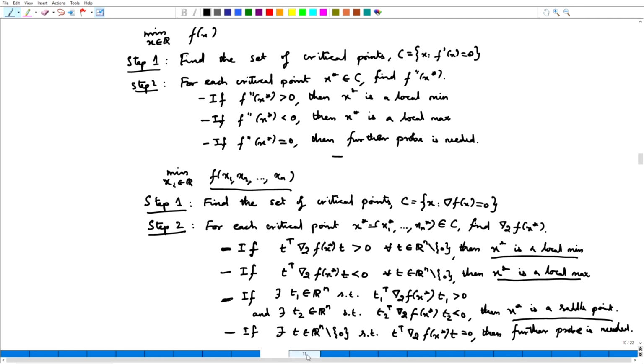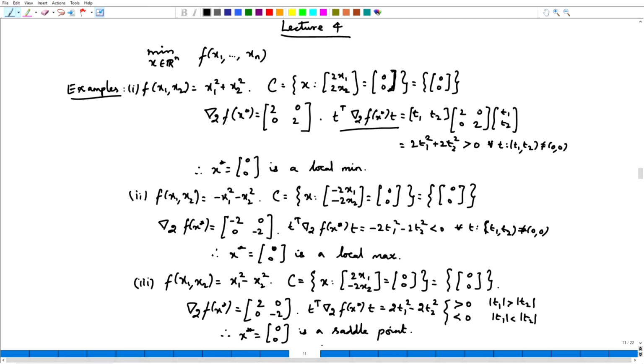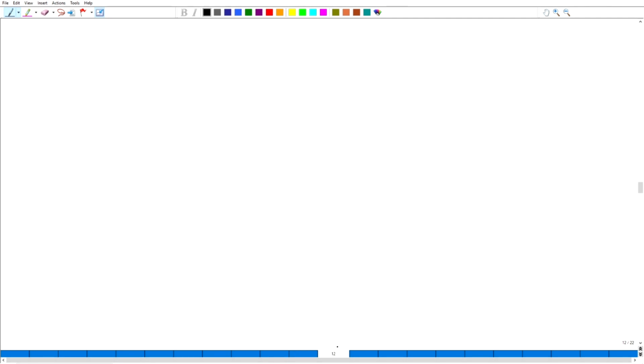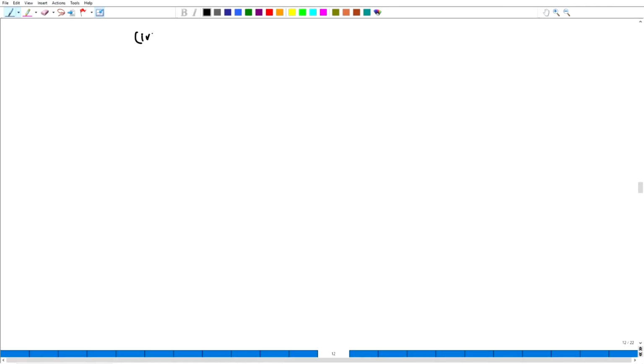So let us see a few examples where that happens. Let f of x equal x1 squared minus x2 to the power 4. Let us again find the set of critical points.